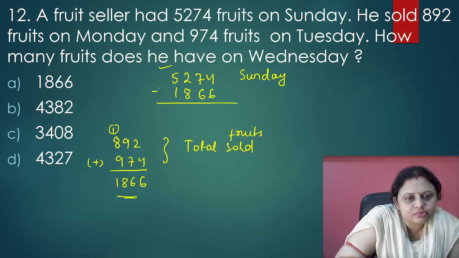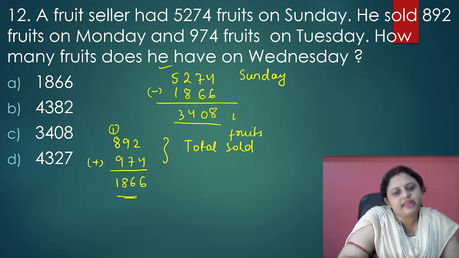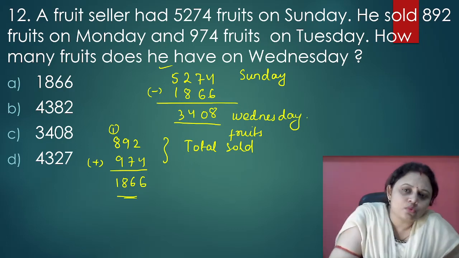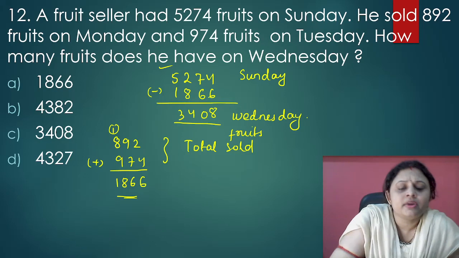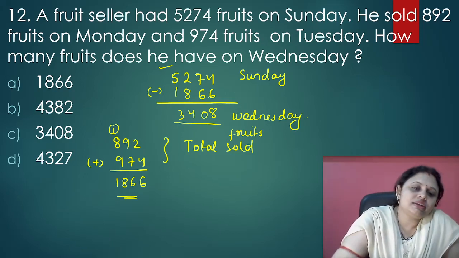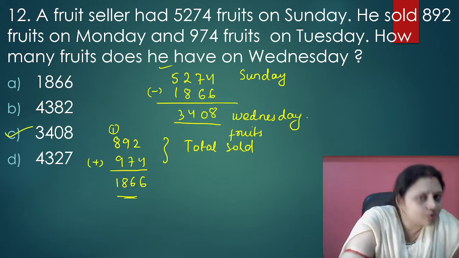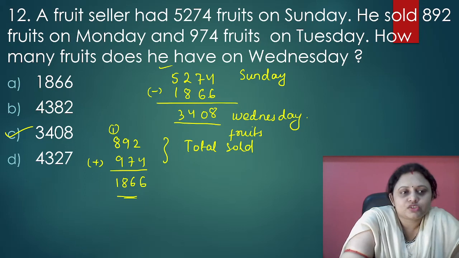We need to subtract this. 14, 6, 8, 0, 4, 3. 3,408 is the left. Left means he has this on Wednesday. Sunday he had something, and then something was sold, then he is left with 3,408, which is the correct option. Okay, got it? Okay, next question.